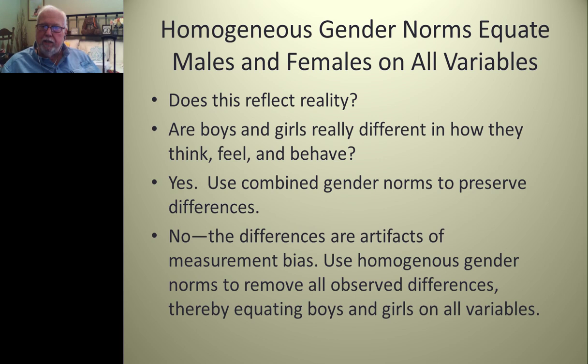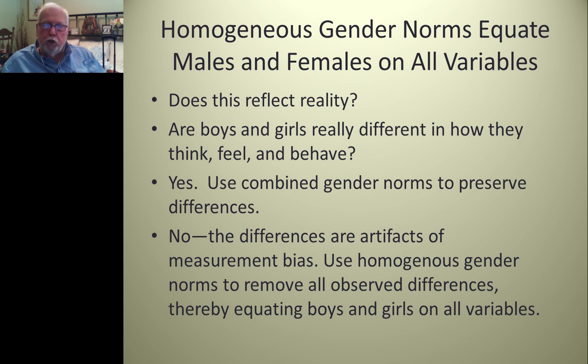The point is that if we were to change to homogeneous gender norms, females on all of the jagged lines would flatline. Those scores that I showed you are based on heterogeneous norms. So what should we use?